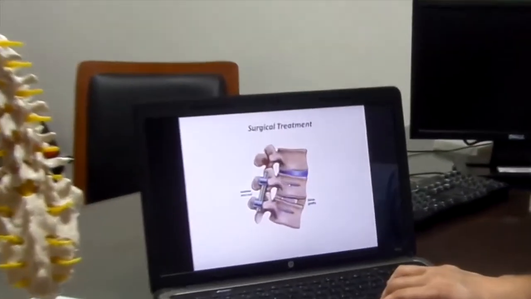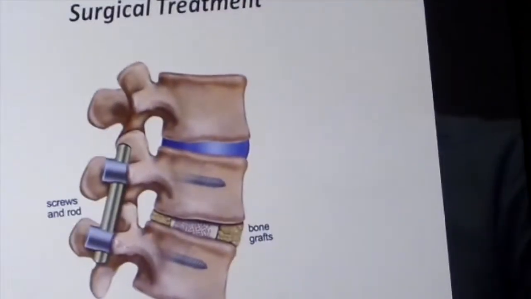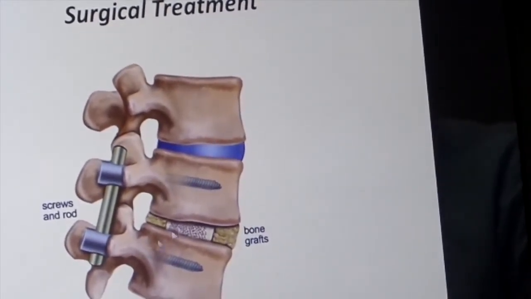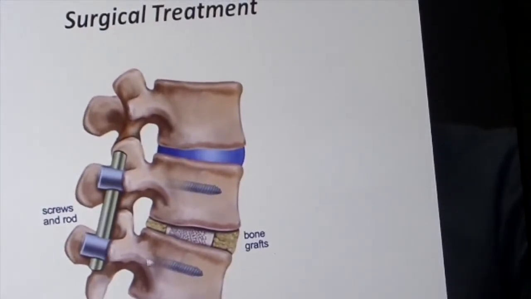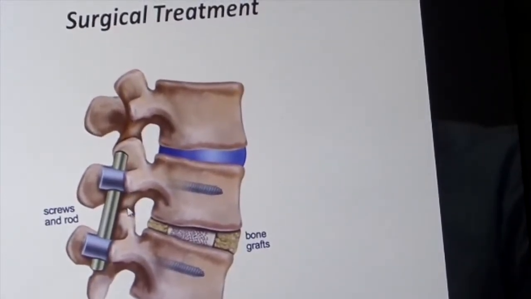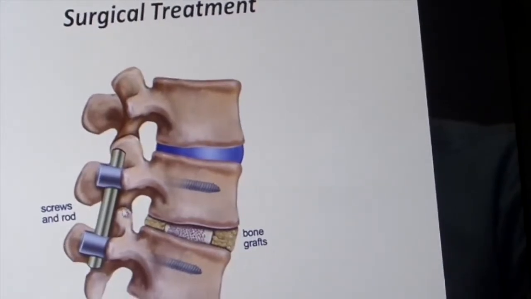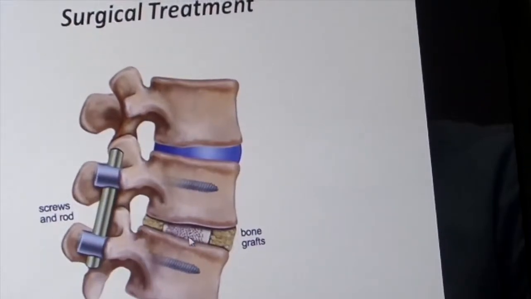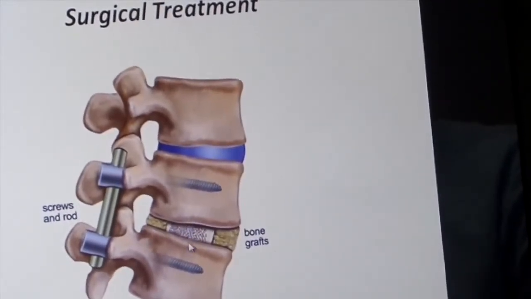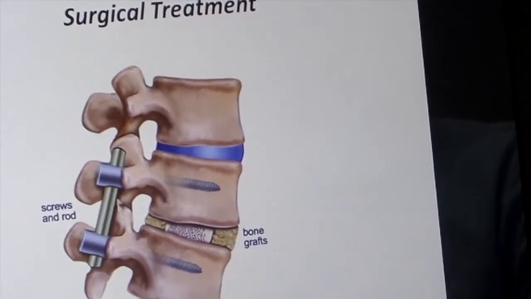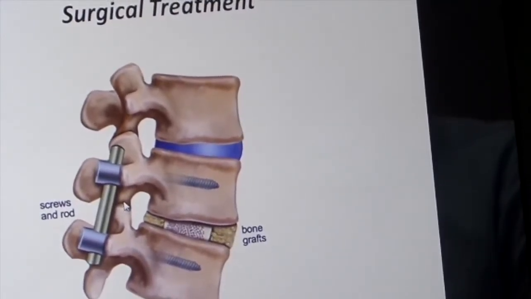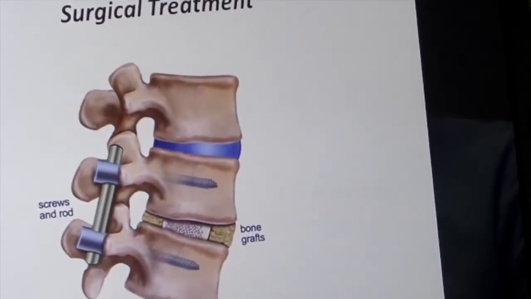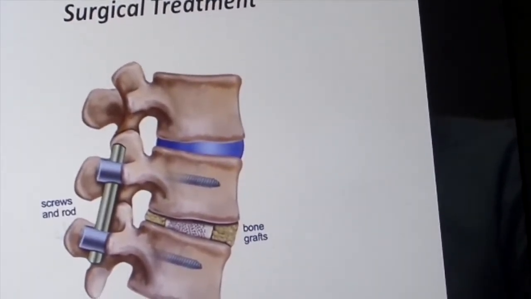So one can see here the screws are put from one vertebra to the other, starting from the back and putting right into the vertebral body, another screw put starting from the back into the vertebral body, and the facet joint in between here can be curetted, that can be prepared for receiving bone graft, or one can put a bone graft in between the two vertebral bodies and also freshen up the surfaces of the facet joint to receive the autologous bone graft, that is the bone that is taken from the patient's body and inserted at the area where we want to block the motion.